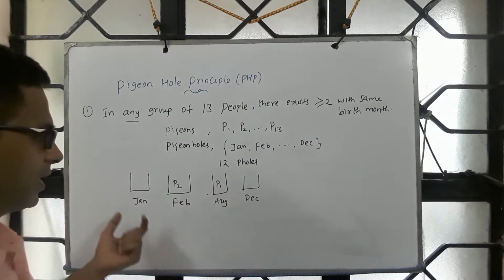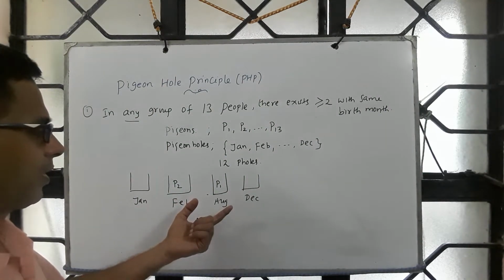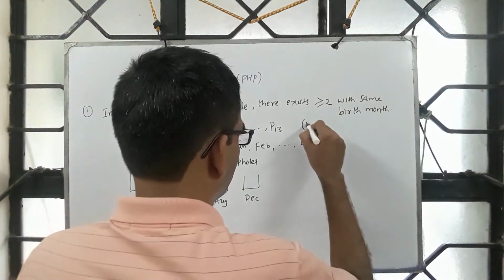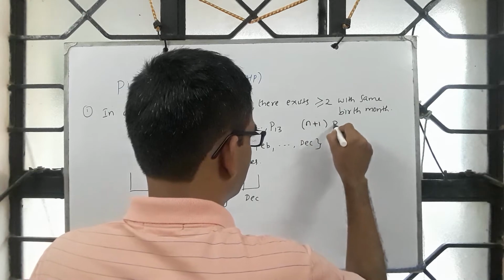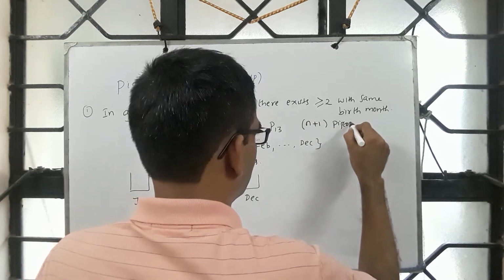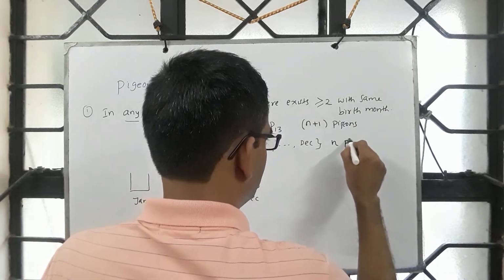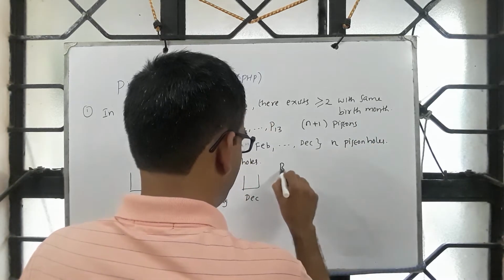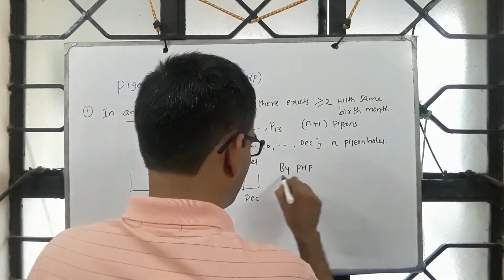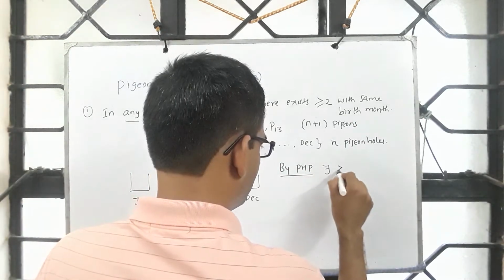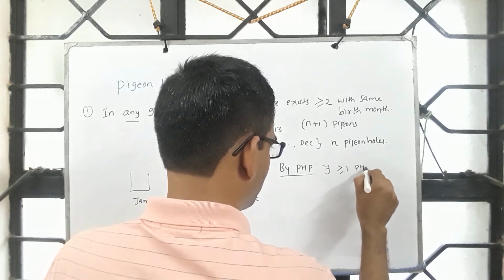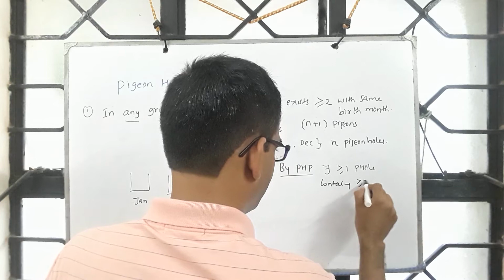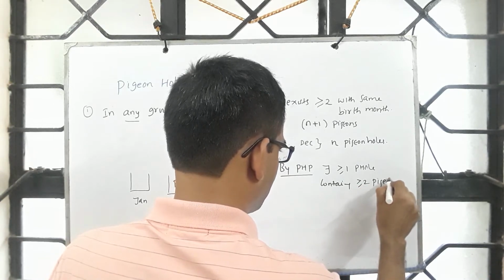So now there are 13 of them, but the number of pigeonholes is only 12. So n plus 1 pigeons, n pigeonholes, by PHP, there exists at least one pigeonhole containing at least 2 pigeons.